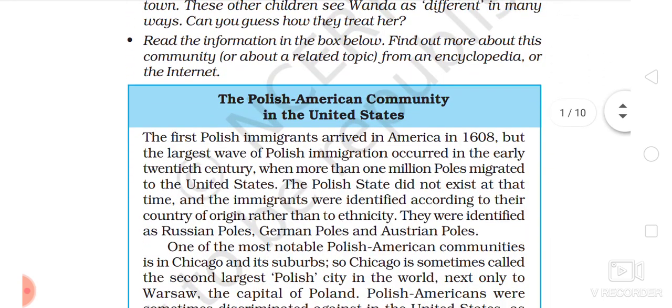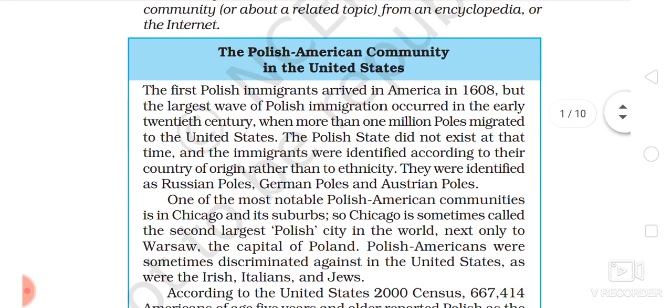Before we start our chapter account, we'll read the first part of this article. It will help us understand which community Wanda belonged to. The first Polish immigrants arrived in America in 1608, but the largest wave of Polish immigration occurred in the early 20th century when more than 1 million Poles migrated to the United States.